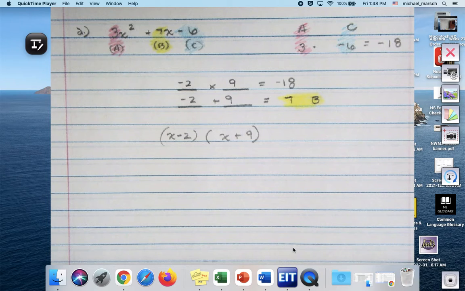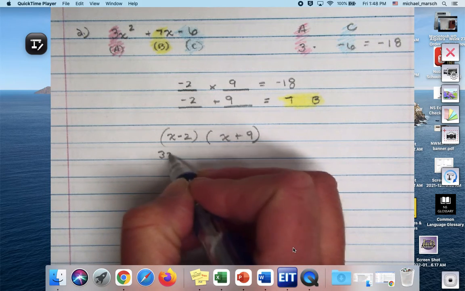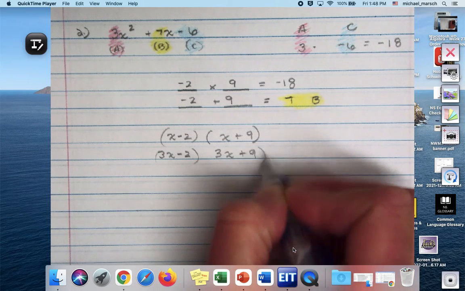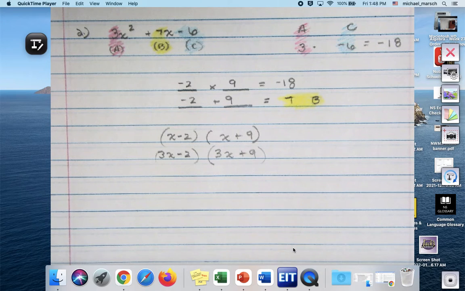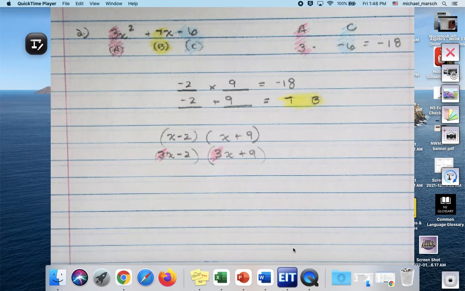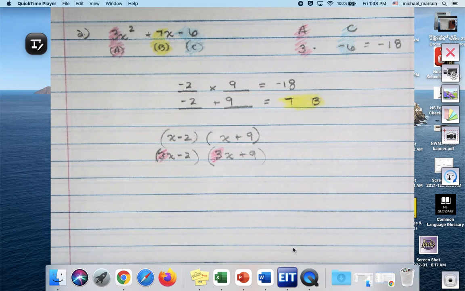Put the original A value into these quantities. Yep. So I'm going to have 3x minus 2 times 3x plus 9. And this does have a parentheses here.